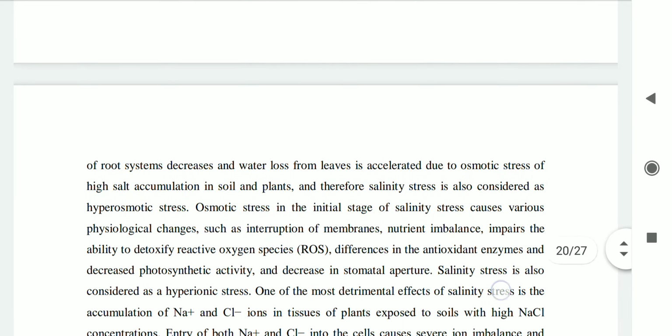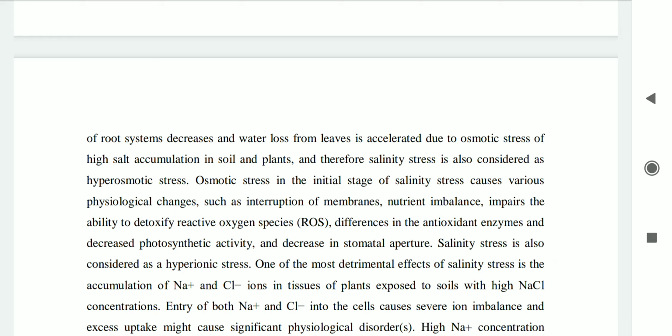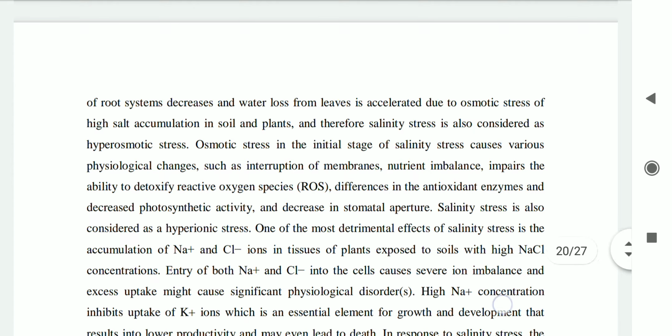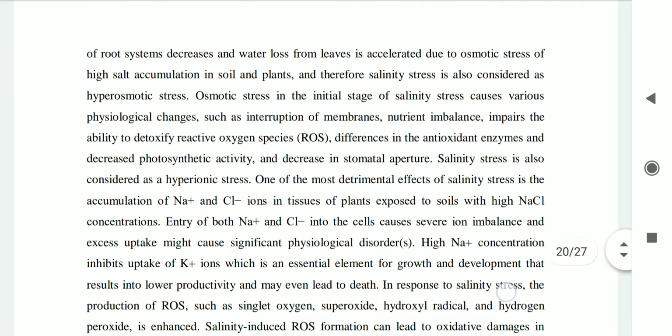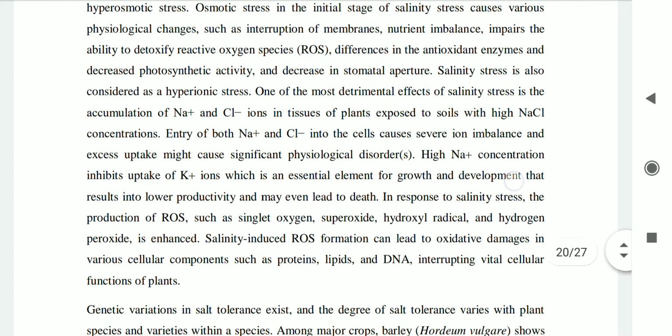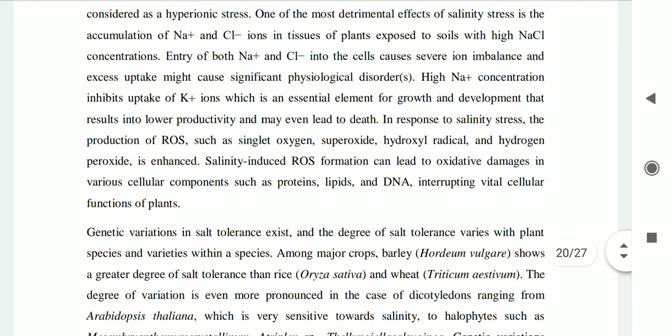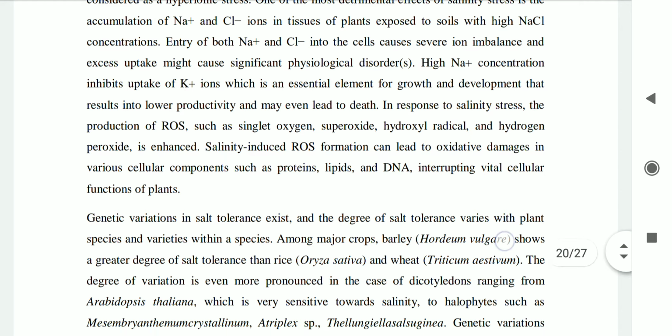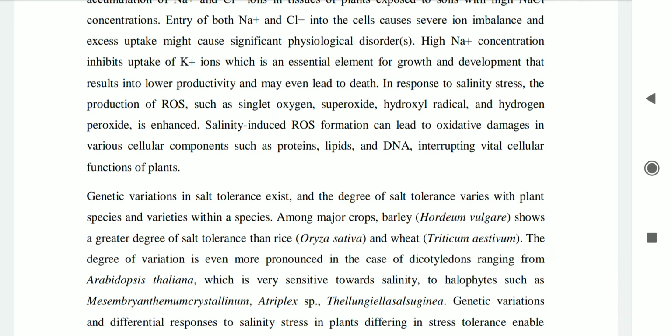Water absorption capacity of the root system decreases, and that leads to hyperosmotic stress, and then reactive oxygen species are formed, thus leading to damage to the cellular components such as protein, lipids, DNA, and the vital cellular functions of the plant are hindered.